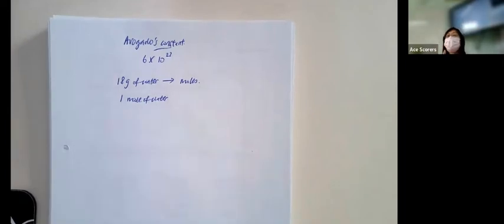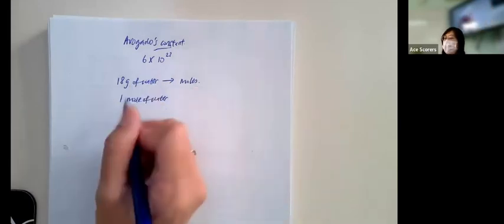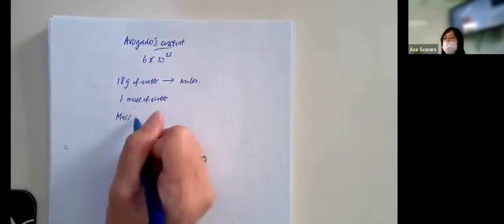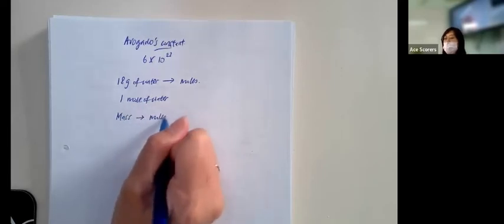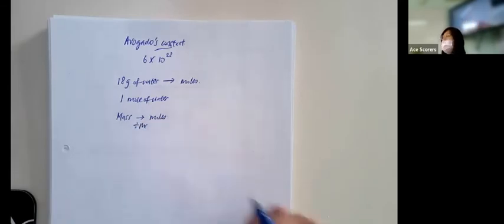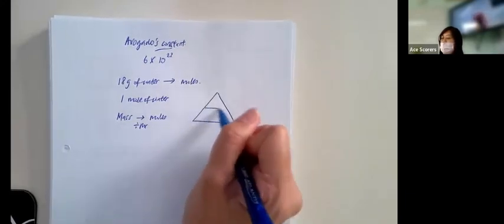If you look at your mind map, you can see there's a conversion. For every mass given that we want to convert to moles, you have to divide by the Mr. Got it? I can also use a triangle relationship to help me do that.